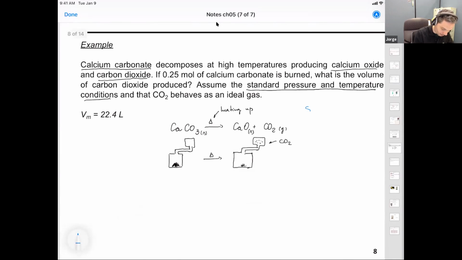Because we are talking about the standard pressure and temperature conditions, that means we have a pressure of 1 atmosphere and temperature of 273 Kelvin. Okay, so those are the pressure and temperature conditions that the gas is going to be submitted to.